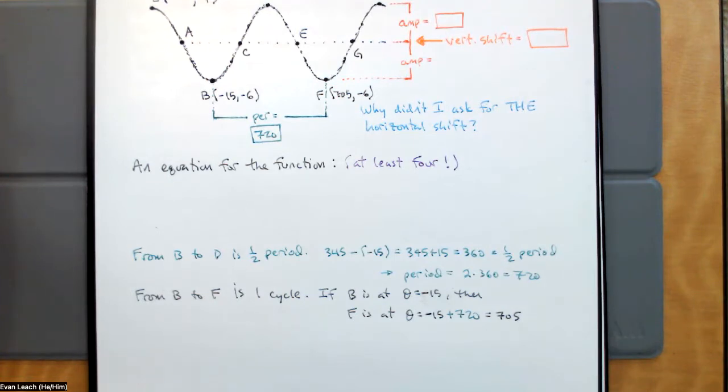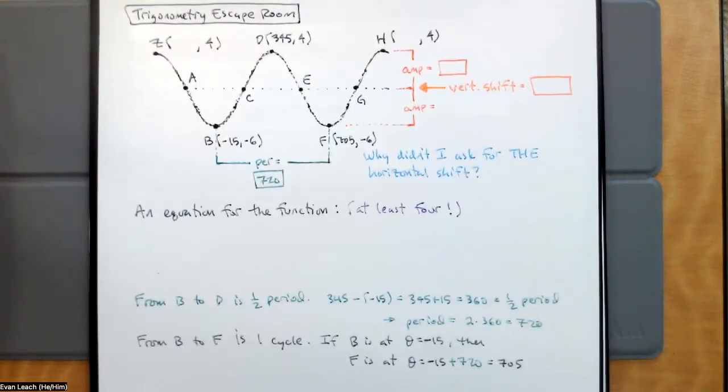Oh, wait, there's more. Up here at the top, from D to H is also one cycle. And the theta coordinate of D is 345.